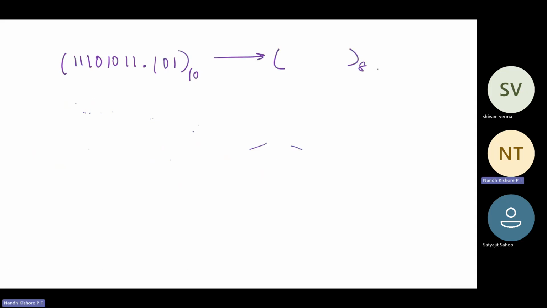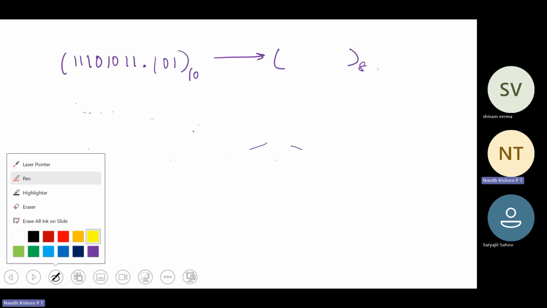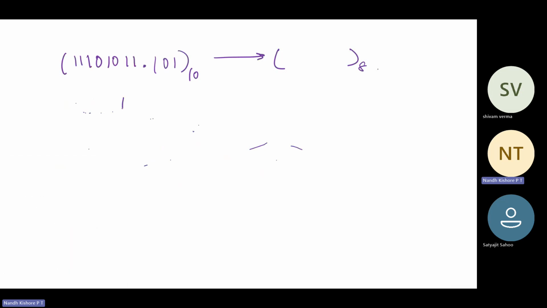You have to convert it into octal, which means you will again group in terms of 3, right? So let's rewrite this in terms of 3. You have to group from the decimal point. 011, 101, 011 . 101. Extra, we have added a 0.